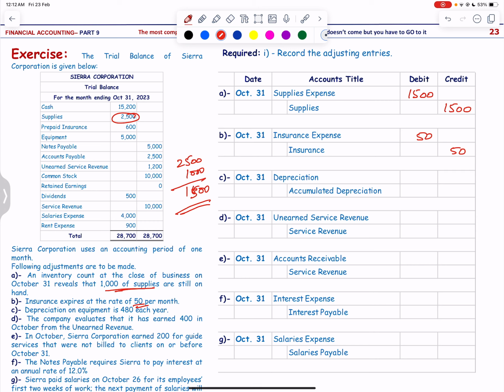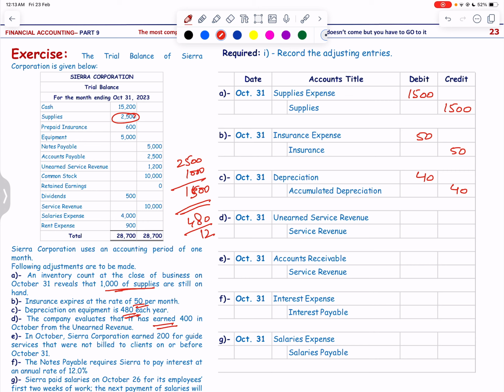Then the company evaluates depreciation on equipment is 480 each year. Because it is 480 each year, 480 divided by 12, the number of months, makes 40. The company evaluates that it has earned 400.